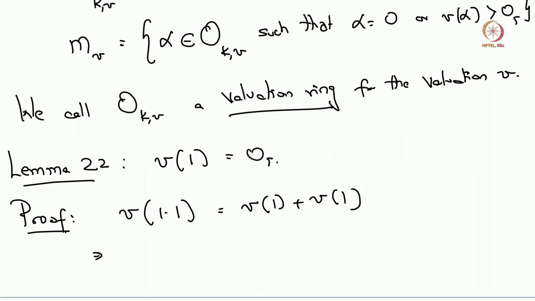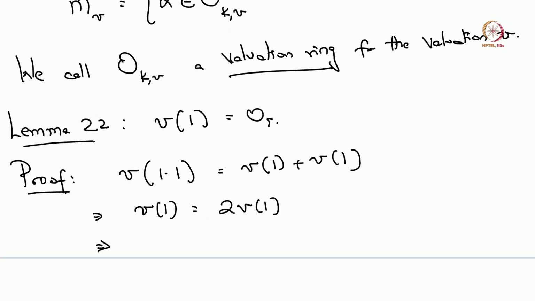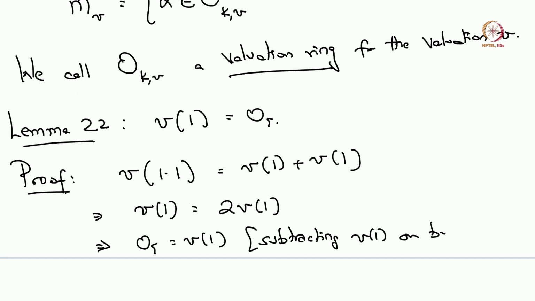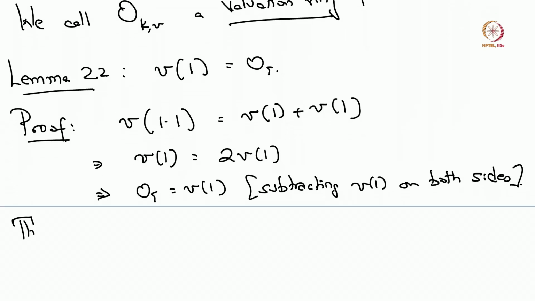But the valuation of 1 times 1 is just the valuation of 1. Now that equals 2 times the valuation of 1. But gamma is an abelian group, so if you just subtract the valuation of 1 from both sides, we get that the valuation of 1 is in fact the identity element of gamma. Okay, so this completes the proof of the lemma.